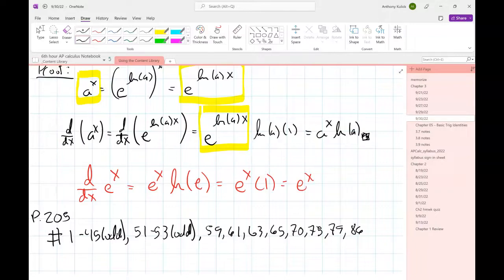Probably could have written it that way, would have been less symbols. Wait, no more 55? 59. There was never a 55.